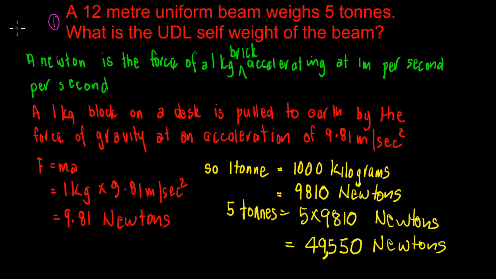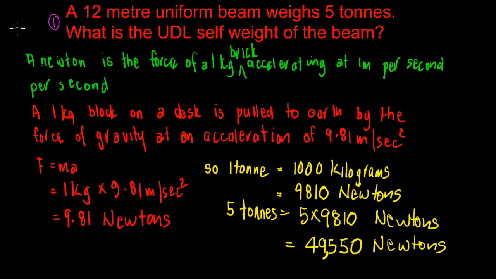So, if we were to have a 1 ton weight on our desk, we would probably have no desk. But let's just surmise that our desk can handle a 1 ton weight. So that's 1,000 kilograms. 1,000 times 9.81. Move the decimal point 3 places to the right and put in any zeros to fill in any gaps. 9,810 newtons.